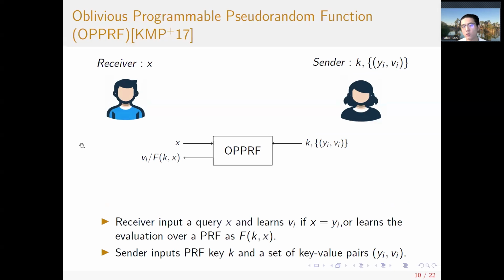So oblivious programmable pseudorandom function, OPPRF, gives an advanced feature to the OPRF. Here the sender can additionally have a set of key-value pairs, in this case yi and vi. So instead of directly learning the evaluation of the PRF on query x, the receiver will learn vi if the query x is equal to any of the keys yi in the sender's set.